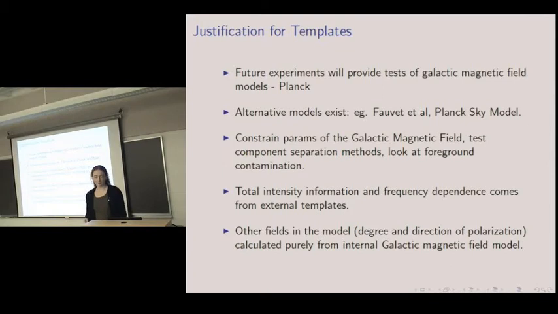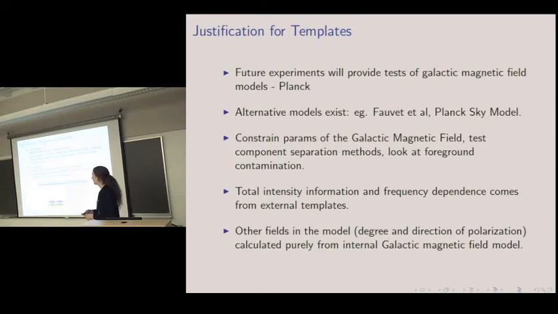So we have maps of these across the sky from the internal galactic magnetic field model. The other component of the model is from external templates, so total intensity information and frequency dependence. This information comes from data that we have currently. For example, for the dust templates, we use the FDS extrapolations of IRAS satellite data.